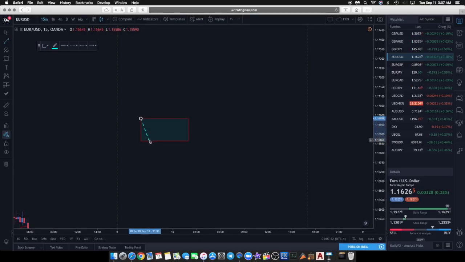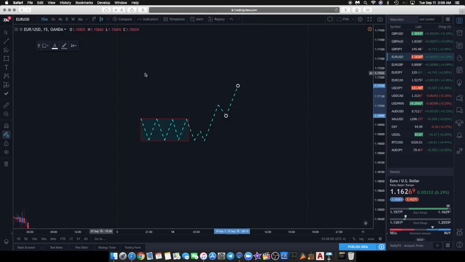You have your range here, moving down. And then here's what happens. So here's your false move. And there. Okay, this is a type 2 pattern.